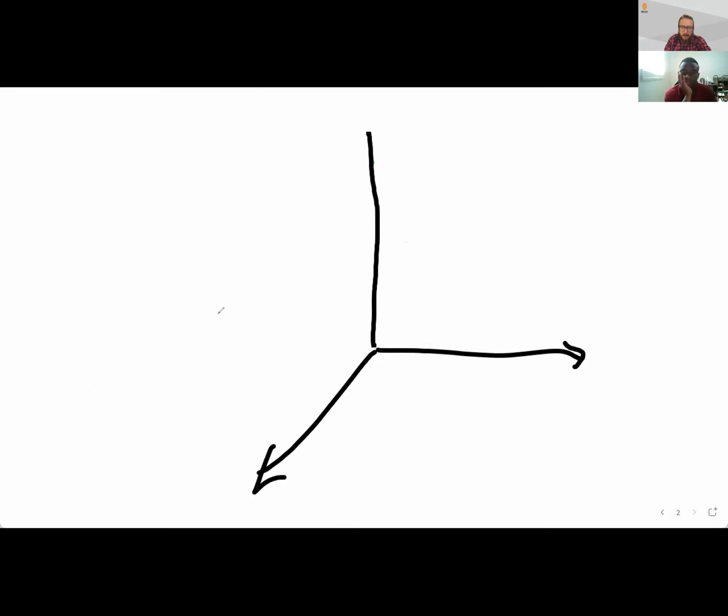In this problem, this isn't quite how ours is, but we have a charge here and a charge here, and we're looking here. Let's say this is P1.